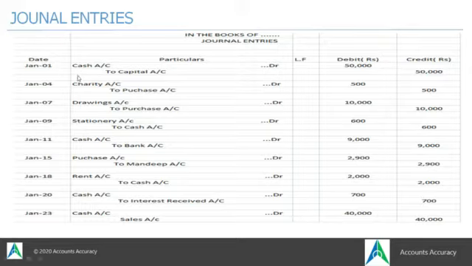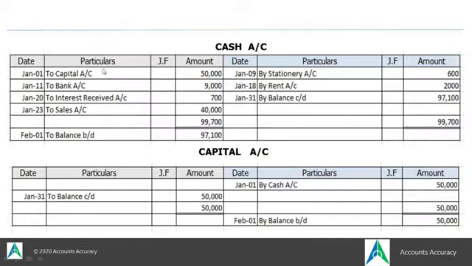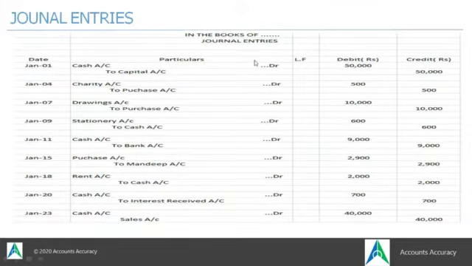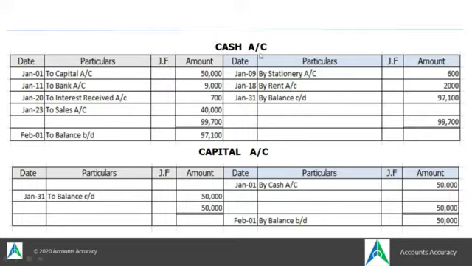So in order to get complete information relating to a particular account at one place, we use ledger. Hence it is done by posting. So you must know that posting is the process of transferring the information contained in journal to ledger. Posting is necessary in order to know how transactions have transformed, or you can say changed, the account balances.